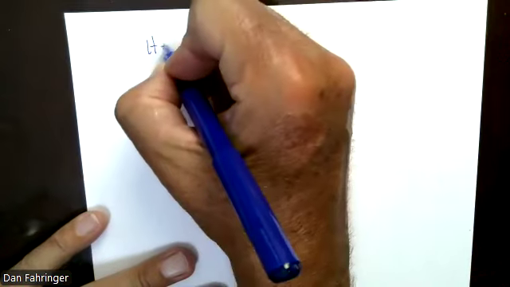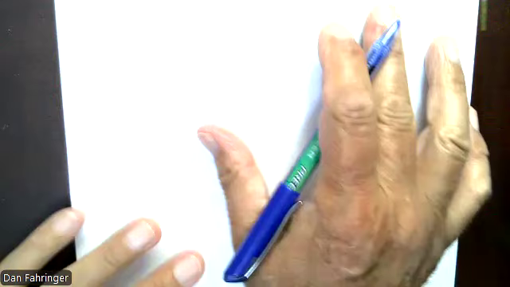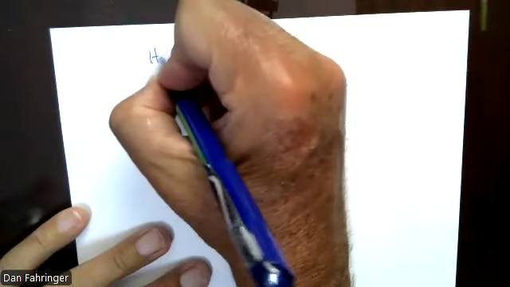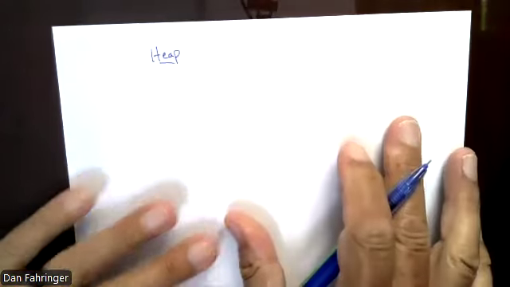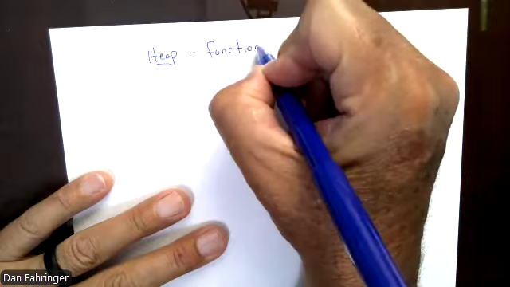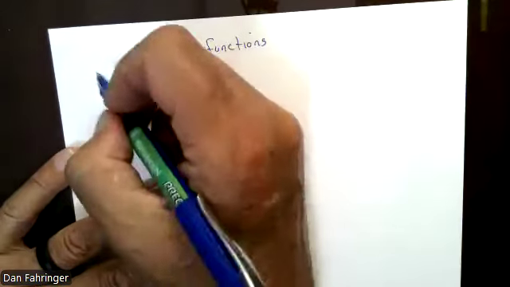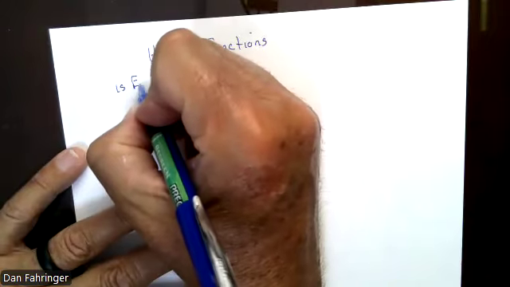All right, so if I take a heap, as soon as we learn a new data type, we want to take a look at its functions. I always check is empty.